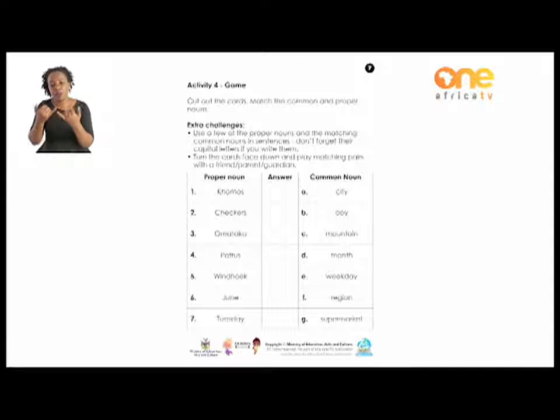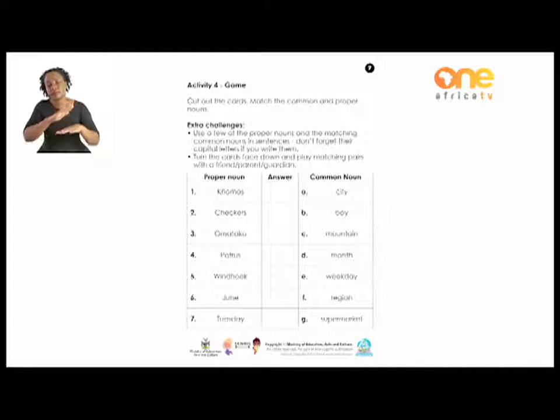Now, we have 3 columns there. The first column is for proper nouns, which should begin with a capital letter. And the second column has got the answer. And the last column is the common noun.